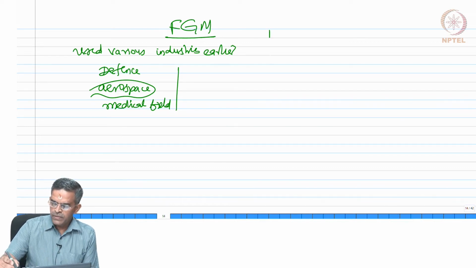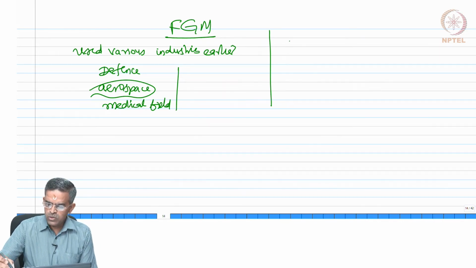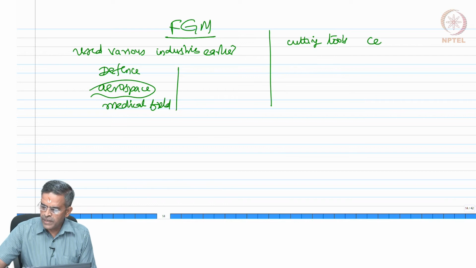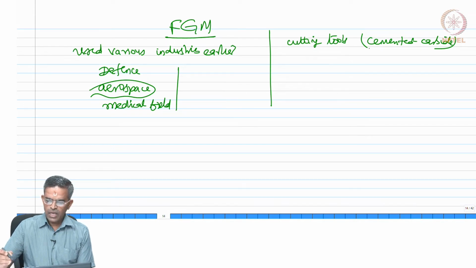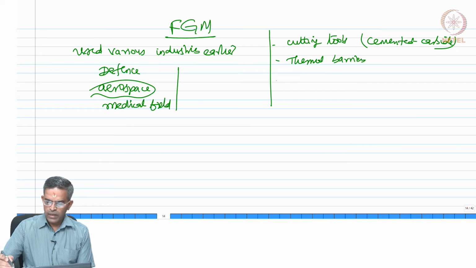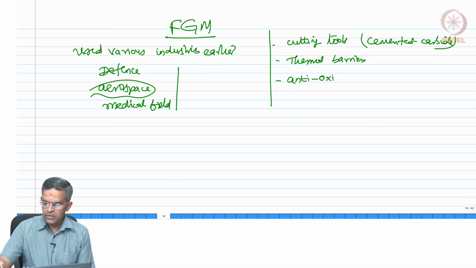In addition, they have also been used as cutting tools, in cemented carbide applications. They have been used as thermal barriers, and they have also been used as anti-oxidation coatings.